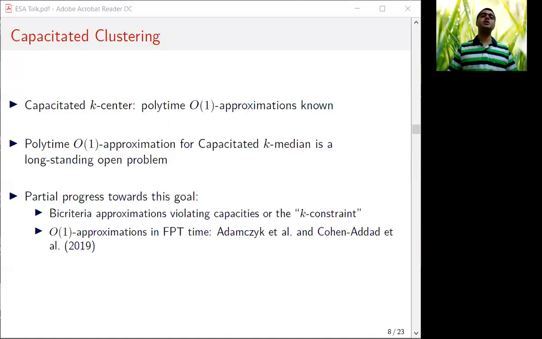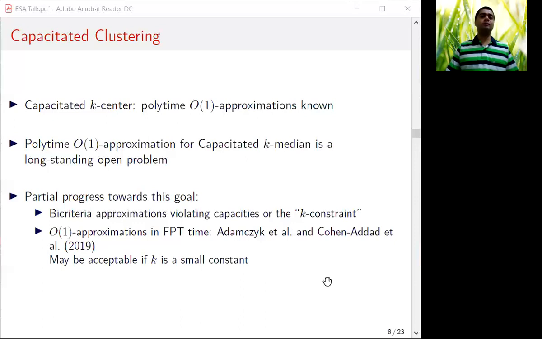So this was the approach of these two papers by Adamczyk et al. and Cohen-Addad et al., who obtained a constant approximation for capacitated k-median in fixed parameter tractable time, which means that the running time is a strict polynomial in n, but the dependence on k may be exponential or worse. So remember that n is the number of points and k is the number of clusters. So this sort of running time may be acceptable if the number of clusters is a reasonably small constant, because then the overall running time becomes polynomial in n.